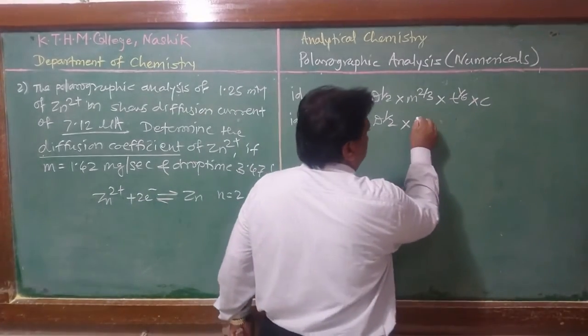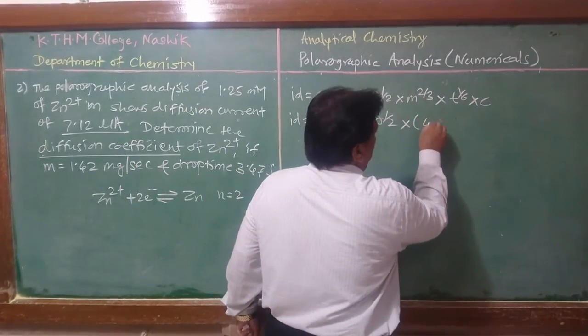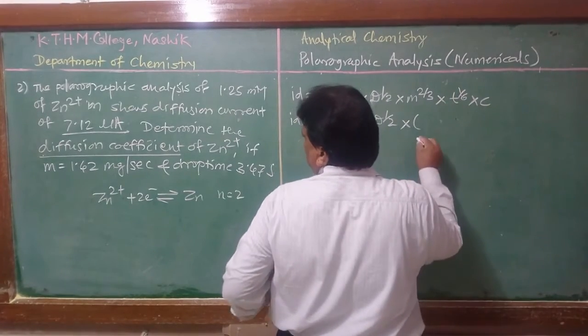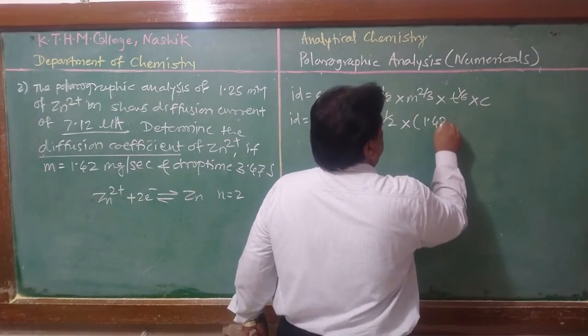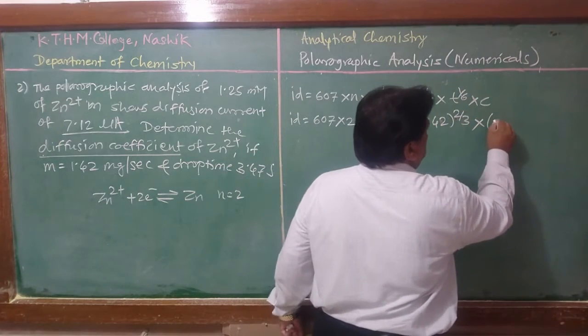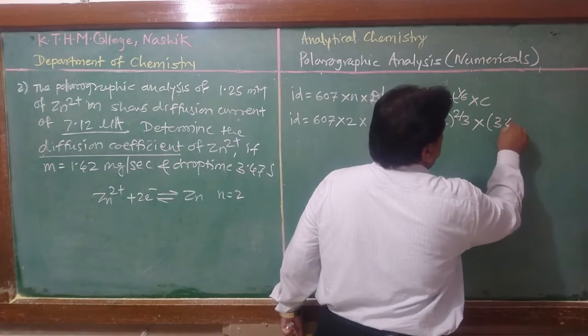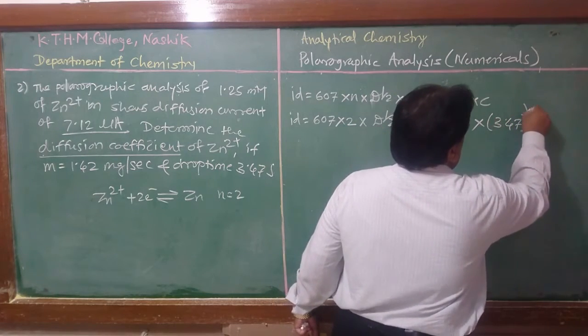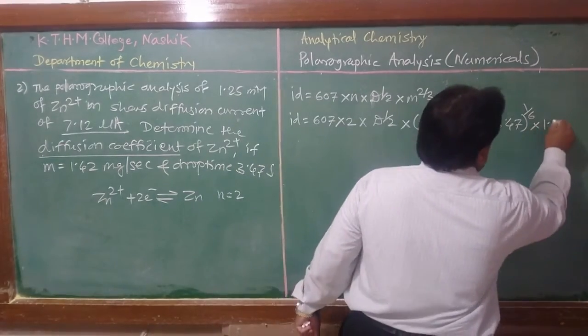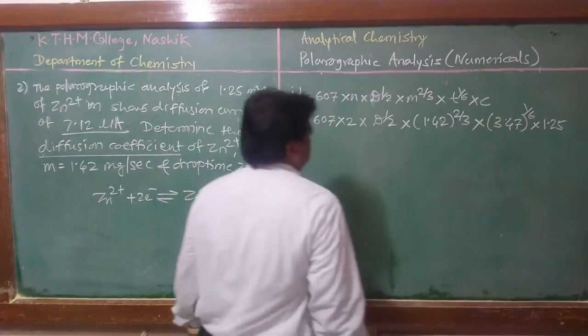Therefore, m is the mercury flow rate, that is 1.42 raised to 2 by 3, into t, that is 3.47 raised to 1 by 6, into concentration 1.25 millimole.